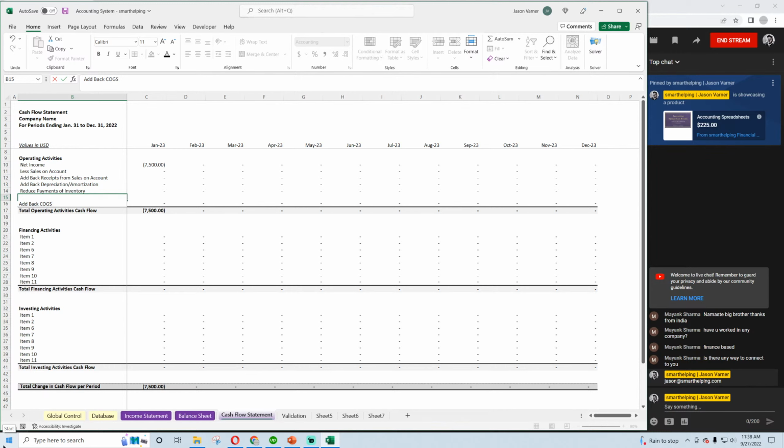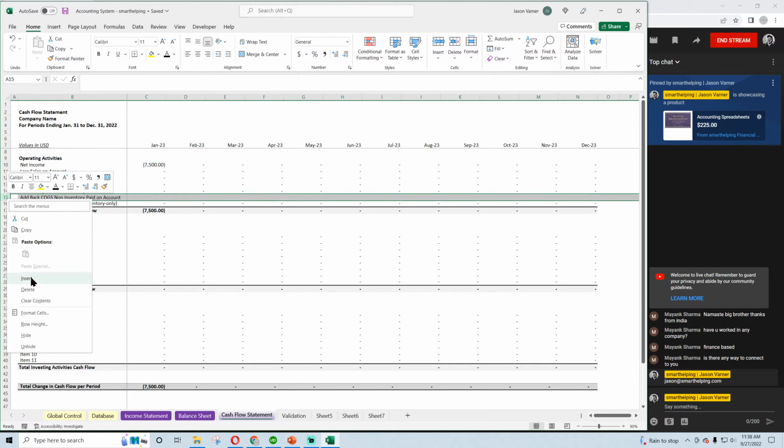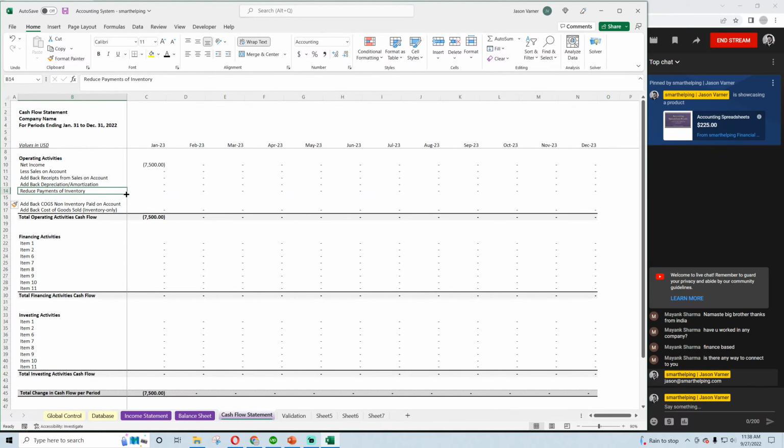cost of goods sold, non-inventory paid on account. Because that cash is not going out yet. And then we'll have to put here, reduce payments to cost of goods sold non-inventory.